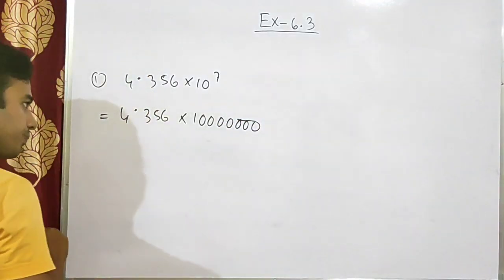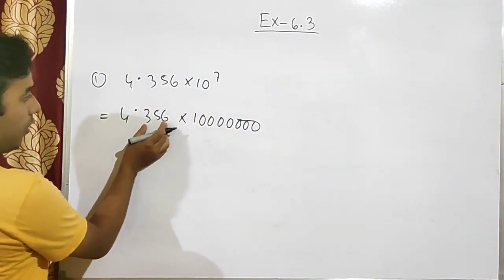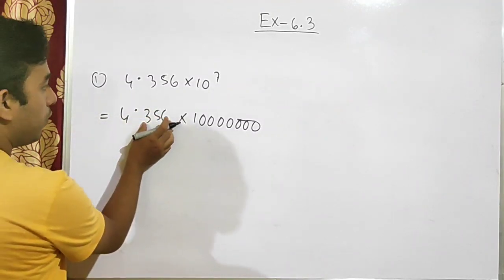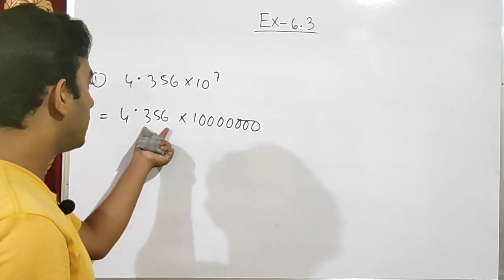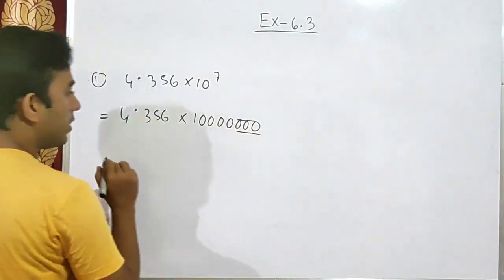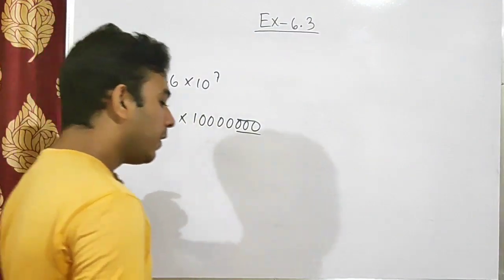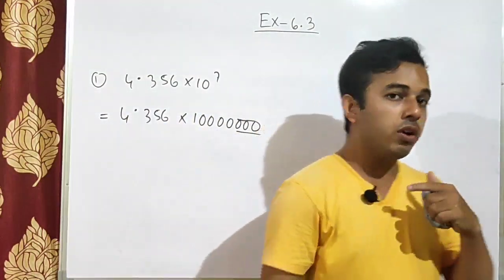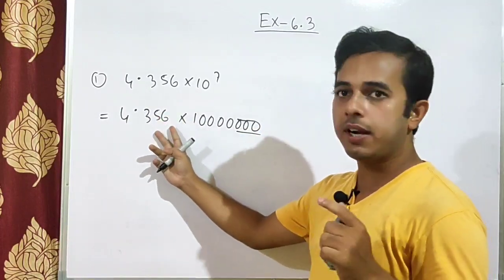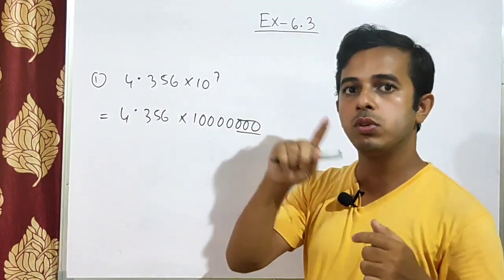Clear? Now look, for removing this decimal, for these 3 digits we will insert 3 zeros, isn't it? What I want to say is that for removing the decimal, we have to multiply by a certain number. We have to multiply with 1000.